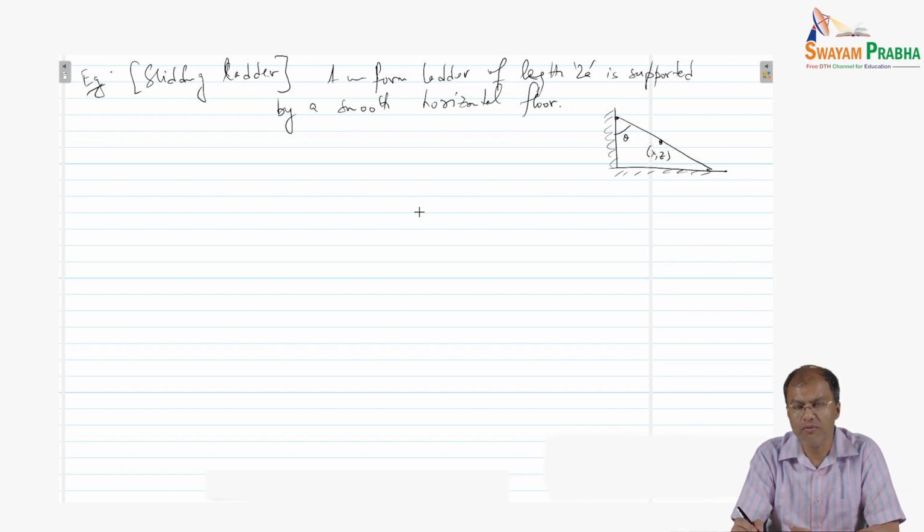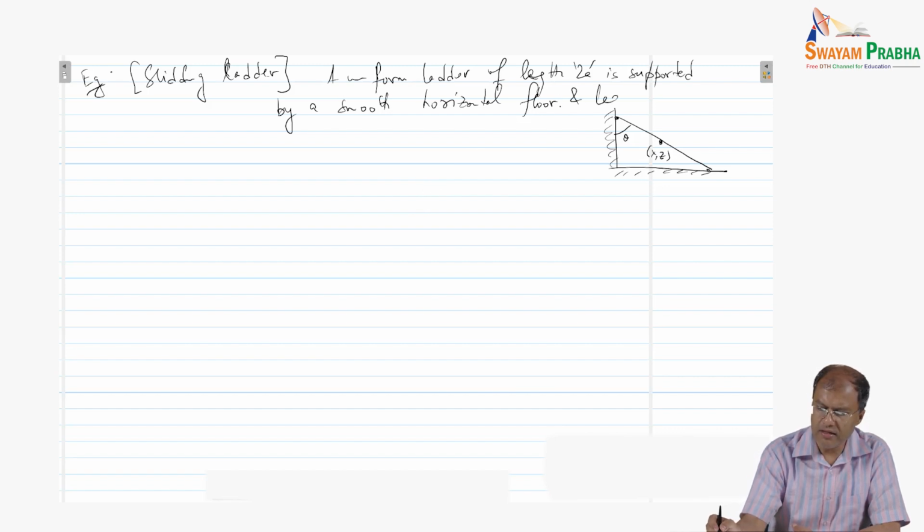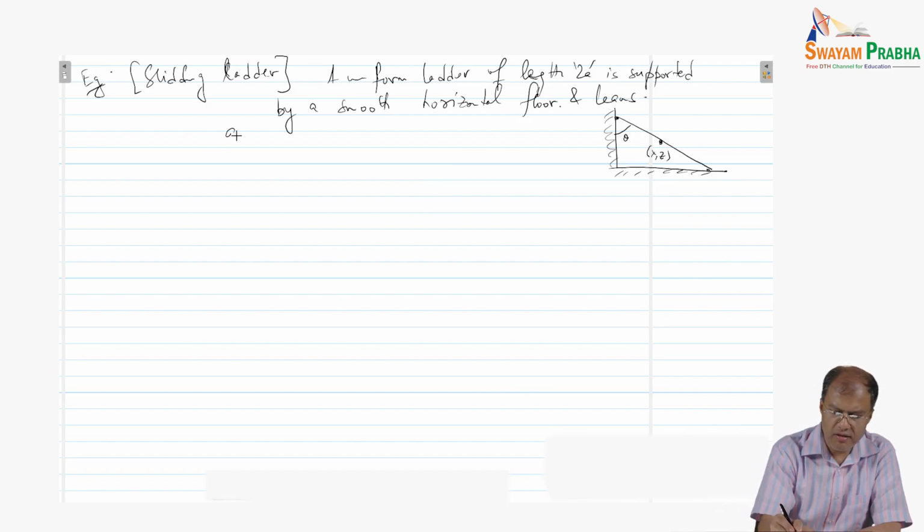So a uniform ladder of length 2a is supported by a smooth horizontal floor, and it leans against a vertical wall, right?